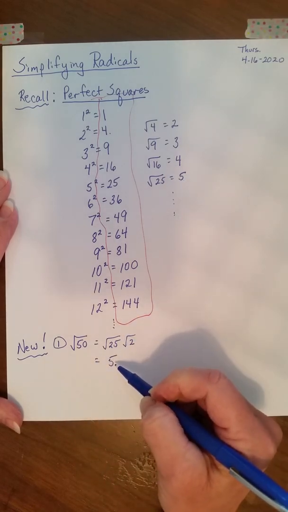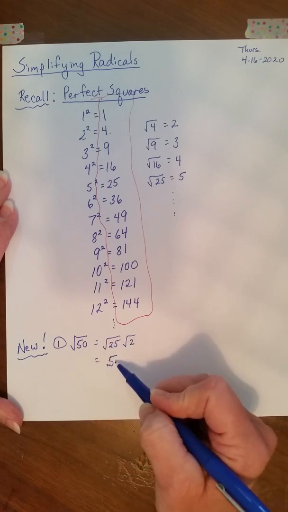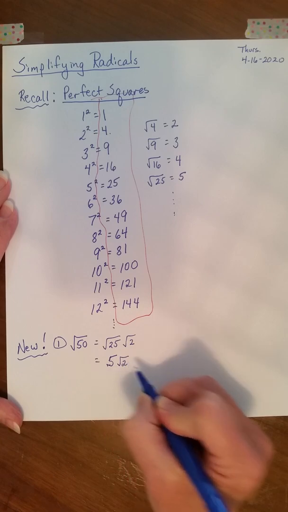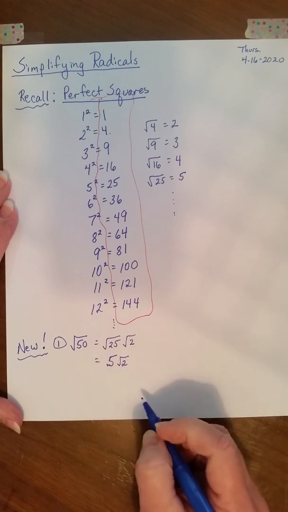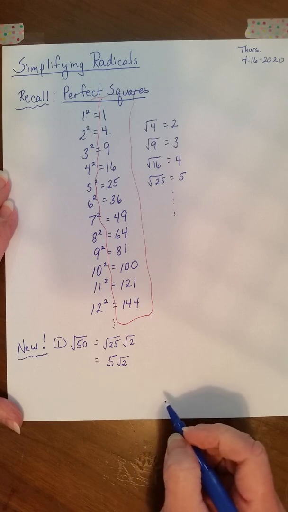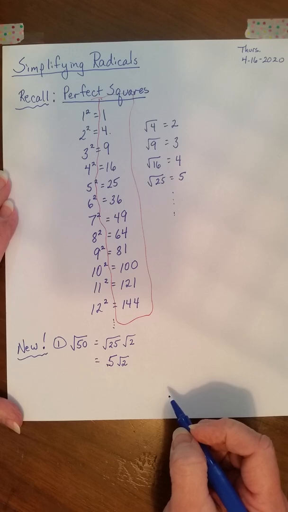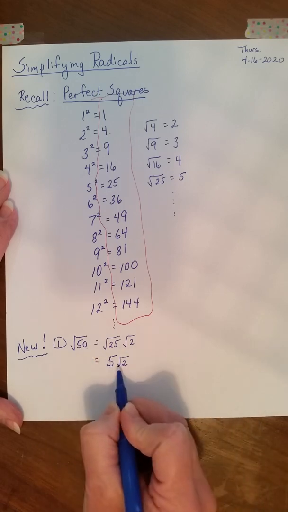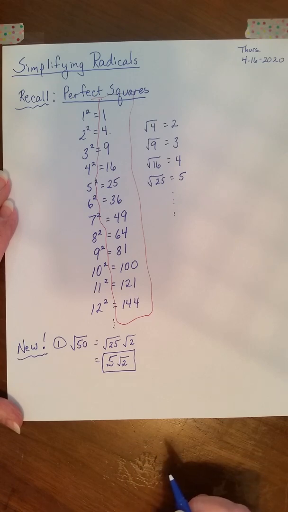And when I do that operation, I don't have the radical symbol anymore. The square root of 25 is 5, and I'm left with the square root of 2. The square root of 2 cannot be simplified because there are no factors of 2 that are perfect squares. The only factors of 2 are 1 and 2. Neither of those are a perfect square. This is the square root of 50 written as a simplified radical.